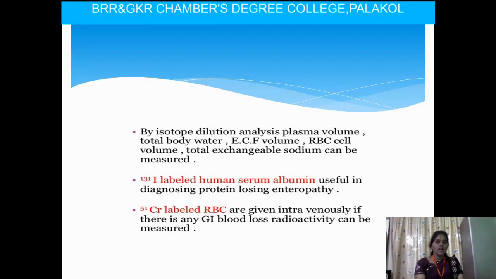We can use iodine-131 labeled human serum albumin, which is useful in diagnosing protein-losing enteropathy. Here we can use chromium-51 for labeling RBCs, and we can assess intravenously if there is any GI blood loss, as radioactivity can be measured by using chromium-51.